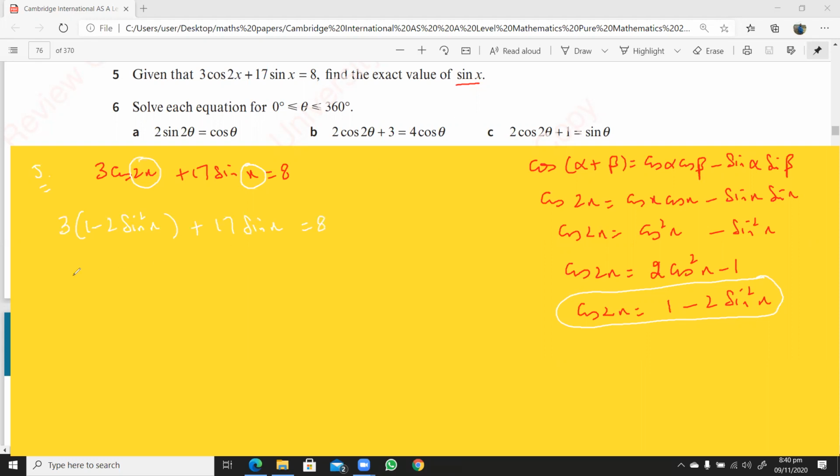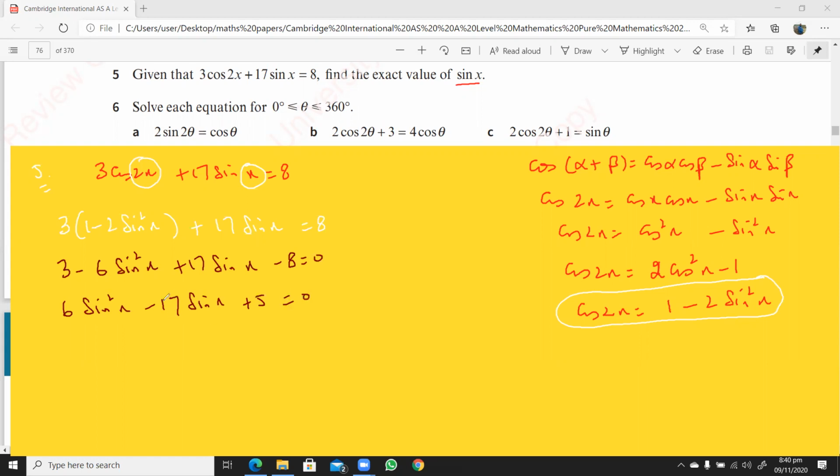And now we have 3 minus 6 sine square x plus 17 sine x minus 8 equal to 0. So we can write it as 6 sine square x minus 17 sine x plus 5.